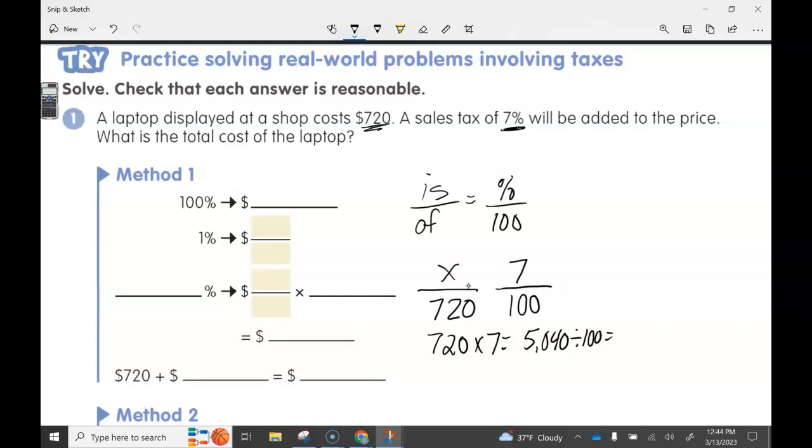That's going to give us the sales tax of $50.40. Now, is that how much the laptop costs? No, it's not. We know it's displayed at $720, and there's a sales tax that's added to that $720. So you add $50.40 to that 720, and we can see that the total price of the laptop is $770.40.